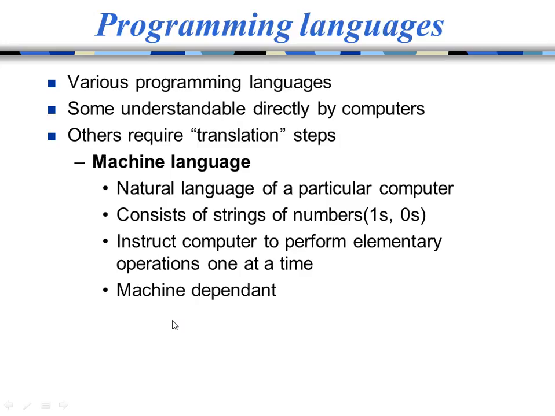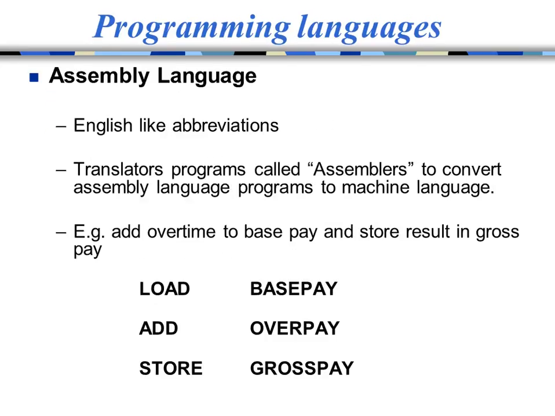Various programming languages are used. Some are understood directly by computers, like machine language, which is directly understood, but there is no compiler or translator in between. This is the computer's natural language, consisting of ones and zeros. It instructs the computer to perform elementary operations one at a time. Machine dependent.